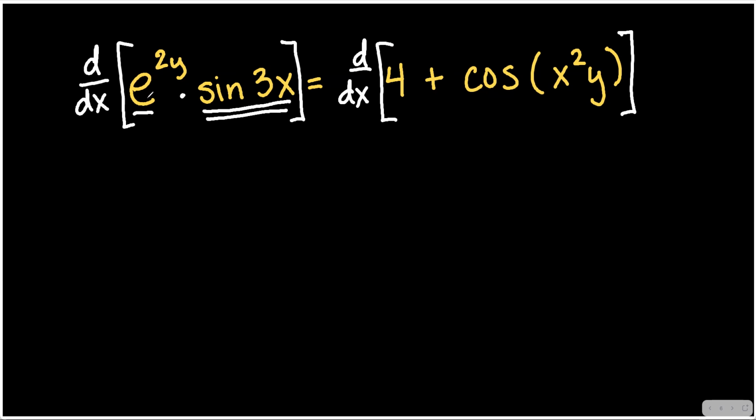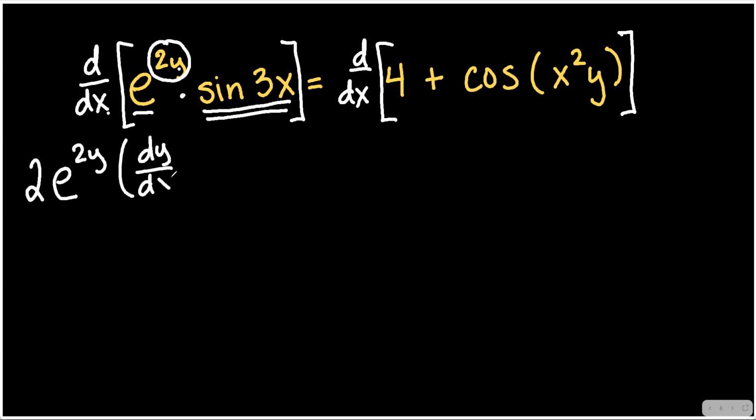So the derivative of e to the 2y would be e to the 2y. And now the derivative of this piece will give me 2. But because these letters don't match, I also get dy/dx. And the sine 3x stays exactly the way it was. And we're going to add.